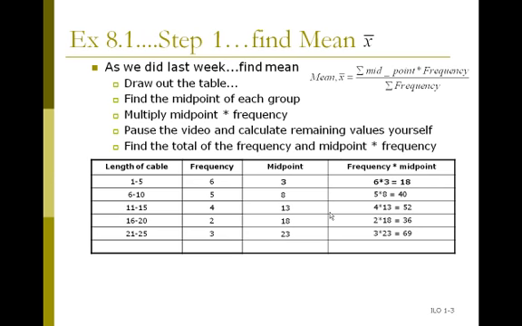The next step is to find the total of the frequency and also the total of the midpoint times the frequency. Adding those up, the total of the frequency is equal to 20 and the total of the midpoint times the frequency is equal to 215. Now we have all the values we need to calculate the mean.